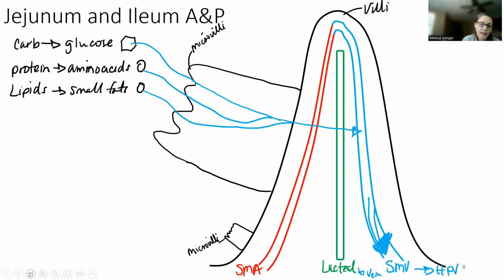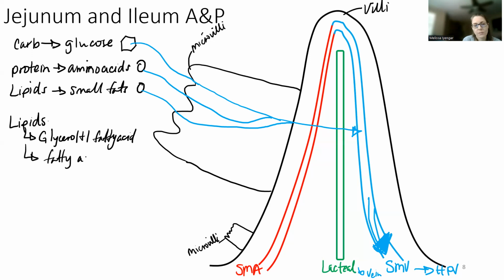But sometimes fats don't break down all the way. Sometimes the lipid breaks down into like glycerol plus 1 fatty acid, and then maybe like additional fatty acids. And these are kind of big, like you have a glycerol and a fatty acid, and like you have fatty acids.